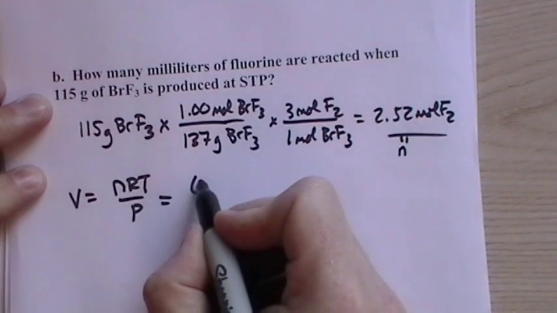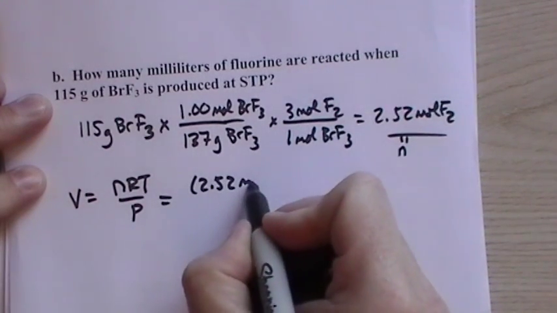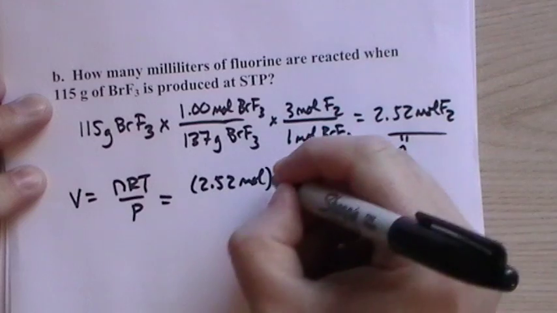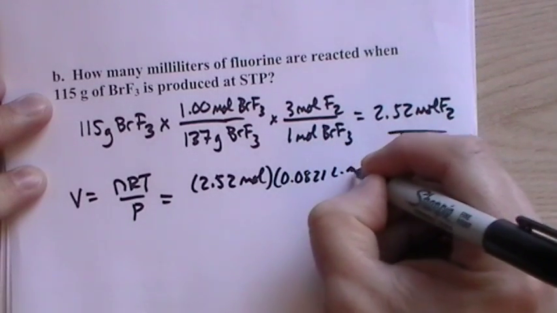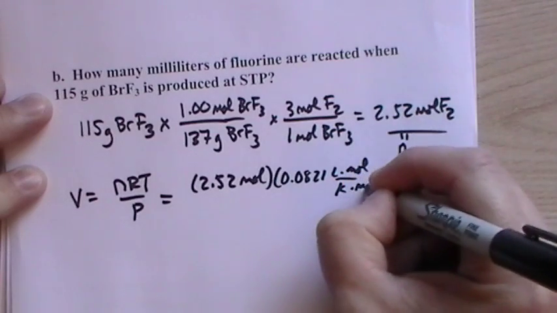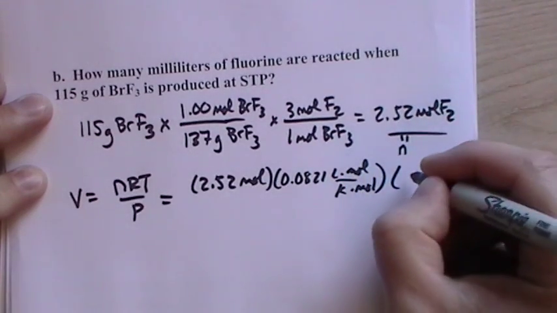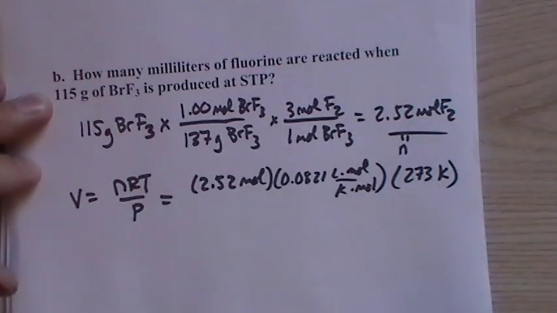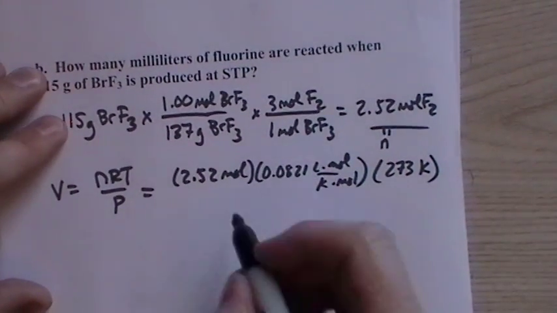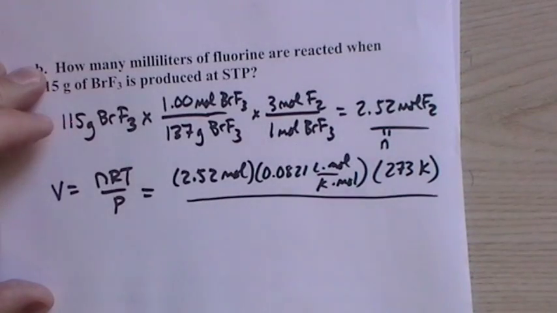Our moles are 2.52. Our gas constant is this. Our temperature is 0 degrees Celsius, so 273.2, we'll just say 273. It can be 0.15, but that's going to fall away anyway with the rounding.